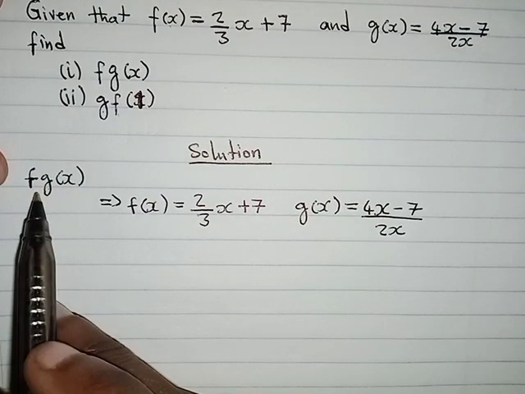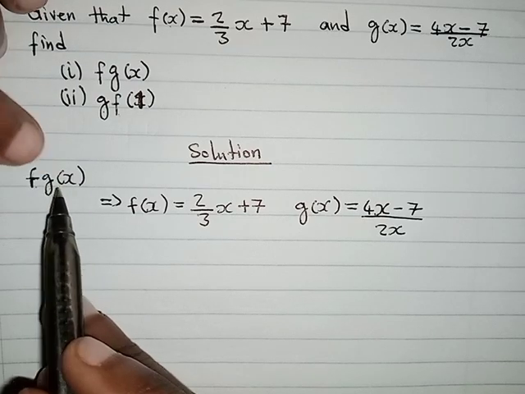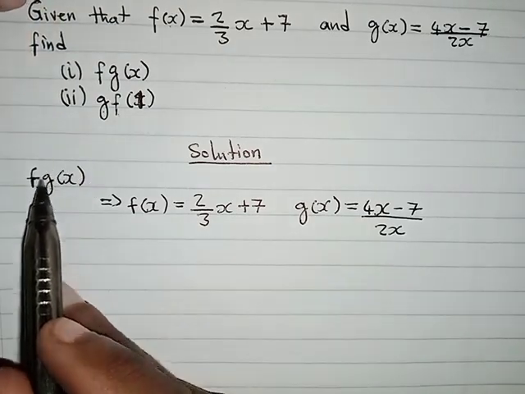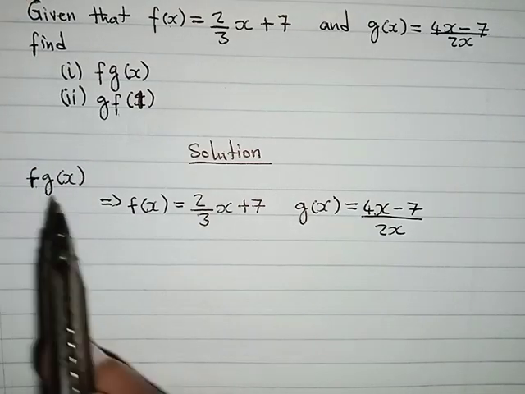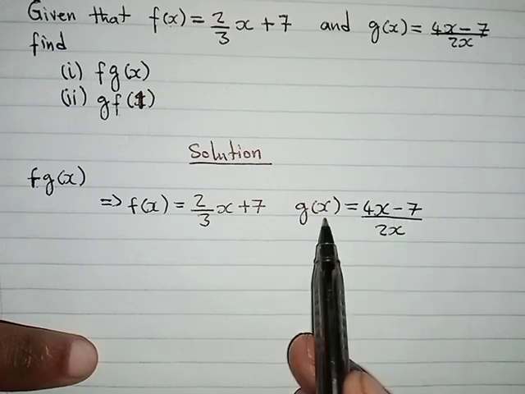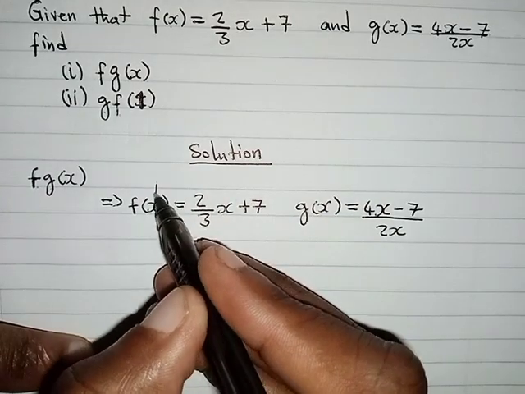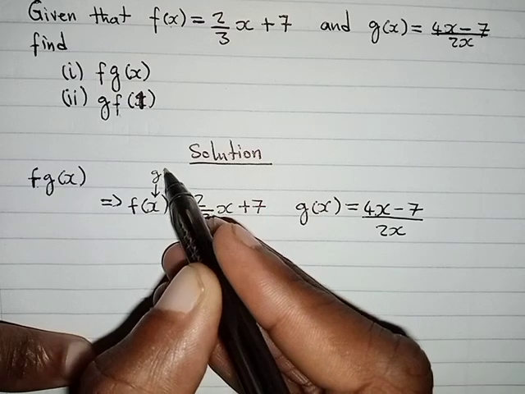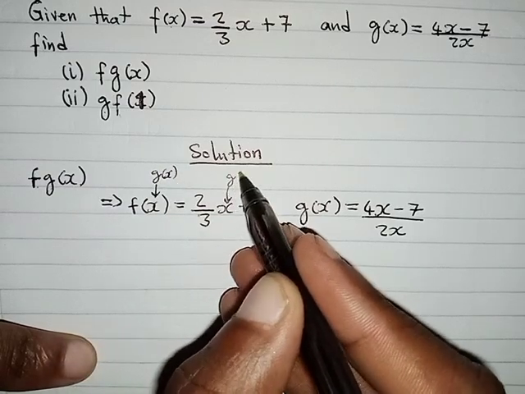Now let us get the instruction. Here, f of g of x means that we should take this g of x and replace it in f of x. So where there's x here, we are replacing g of x, and also here where there's x, we are replacing g of x.